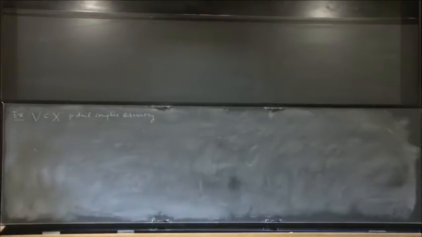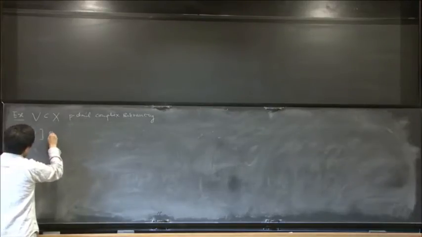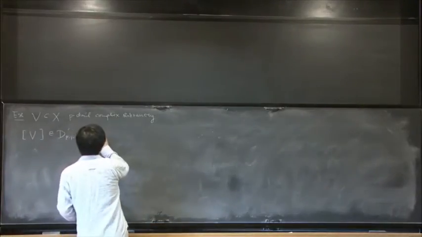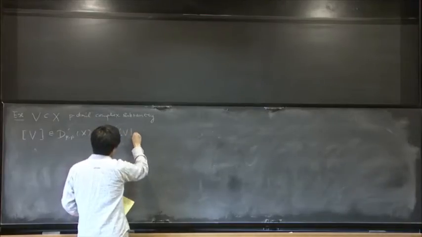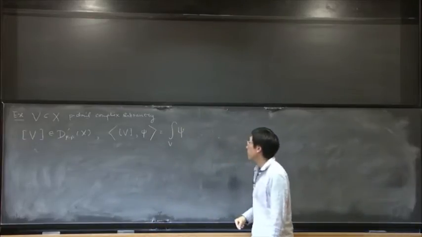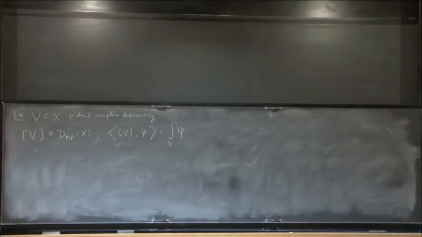If V is a p-dimensional complex subvariety of X, then it defines a positive current, in fact a (p,p)-dimensional positive current that I'll write by bracket of V. So this lives in D prime of (p,p) of X, which is by definition a linear functional which integrates a given (p,p) form over the complex manifold V. So in this talk, this bracket means a current rather than a cycle class. I hope that's not too confusing.